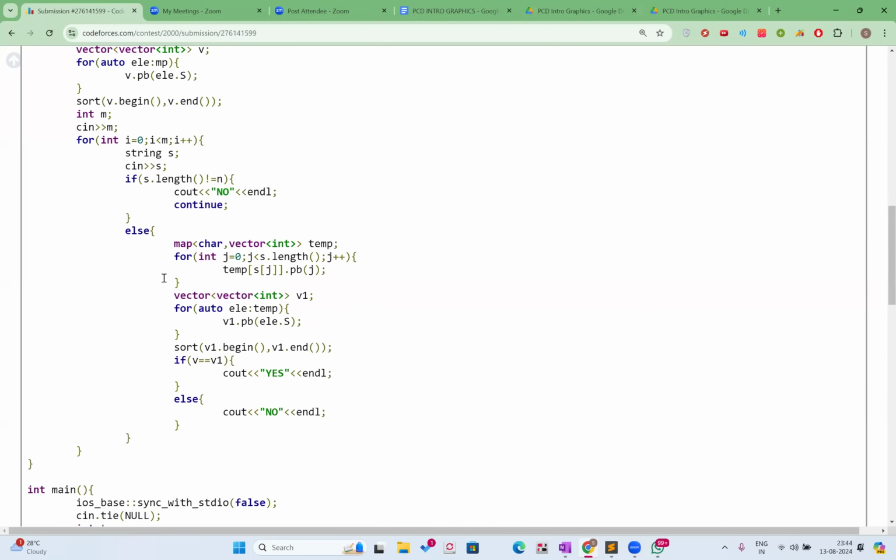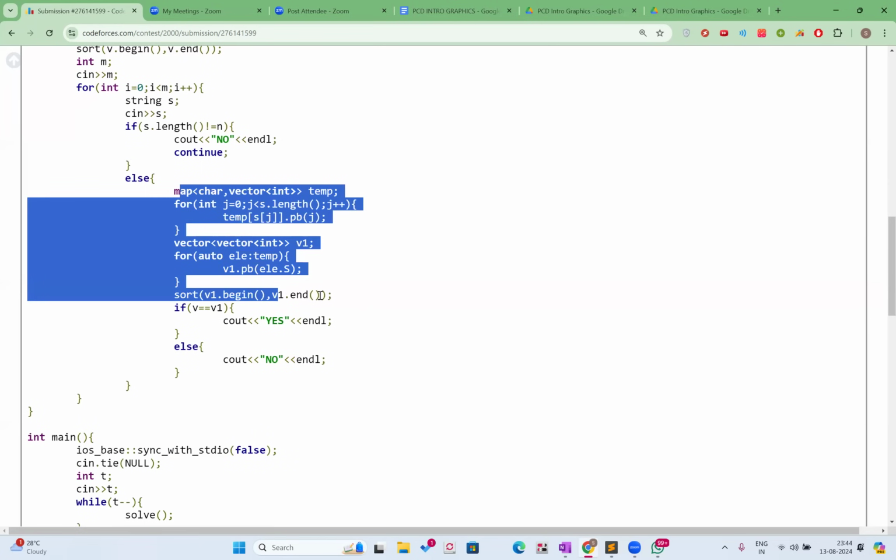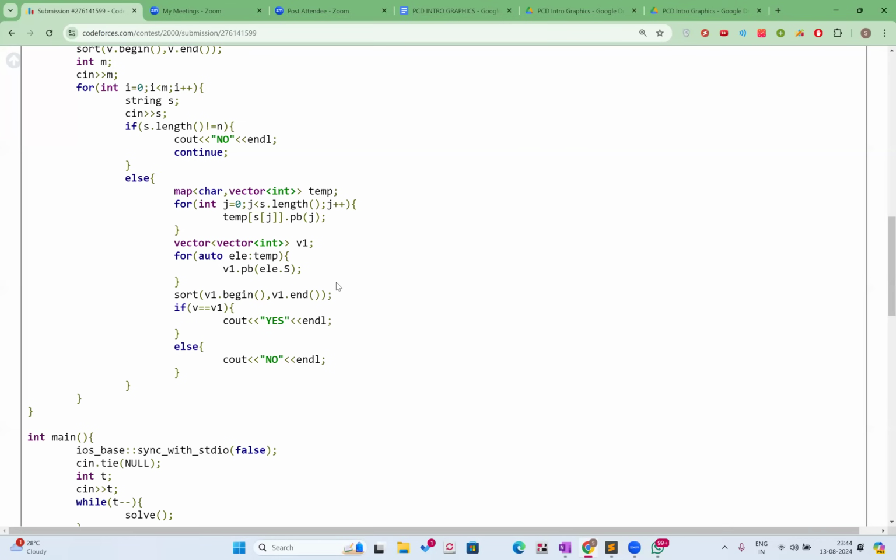And for the string parts, if the string length is not equal to n, I'll simply answer no and continue. Otherwise, I'll take the string and do the same procedure for the strings as well. So again, a complexity of string length into log of string length, or rather, if the string length is n, again n log n.